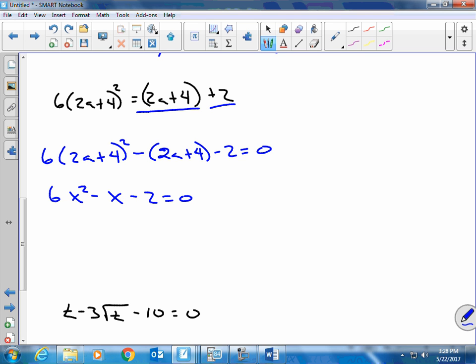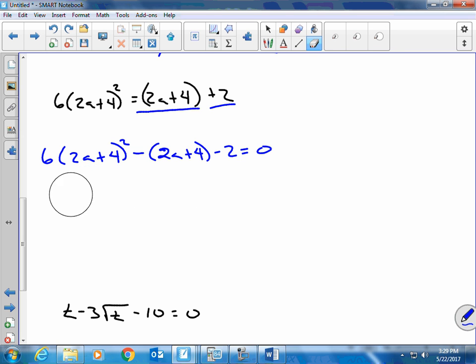Doesn't that look just like a quadratic equation where we're calling 2a plus 4 x? It is 6 times something squared minus that same something minus 2. That x and that x are the same thing. They are 2a plus 4. So really, this is a quadratic equation.